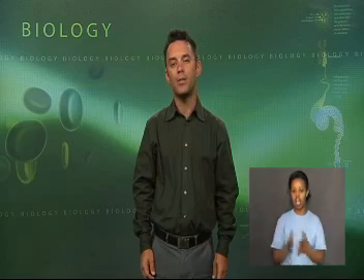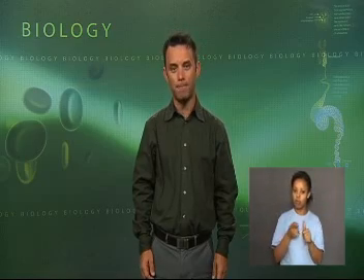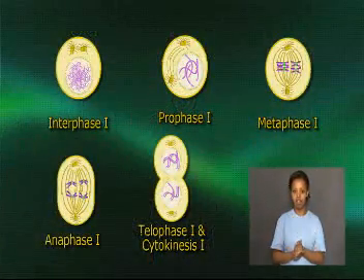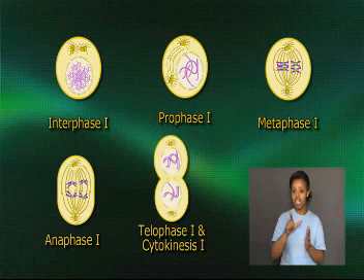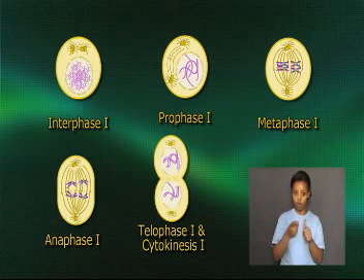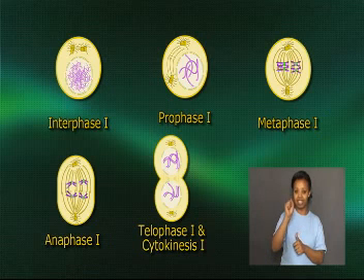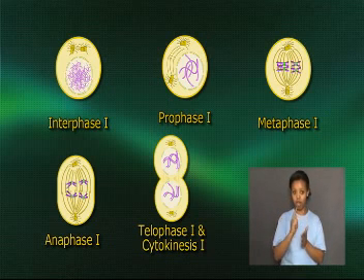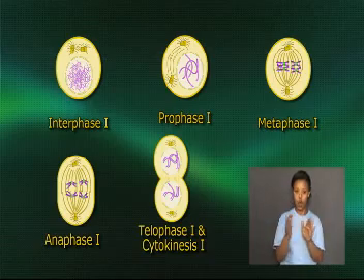Let us pause for our first activity. In a moment, you will see the initial stage of meiosis called interphase, along with the 4 stages that we have learned about. The stages will not be labeled, nor will they be in the right order.